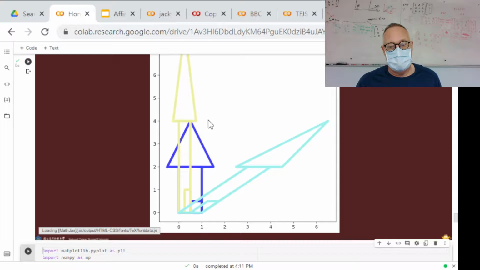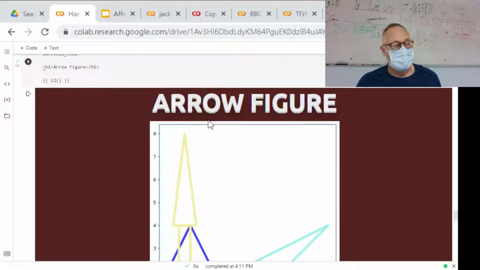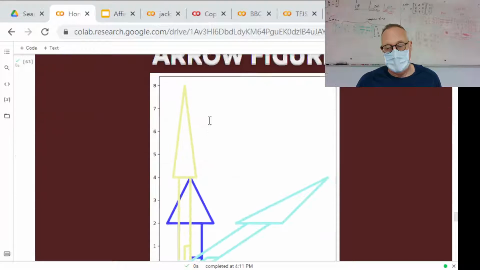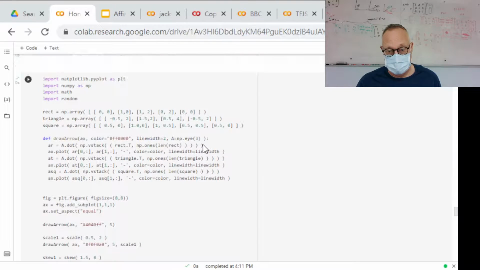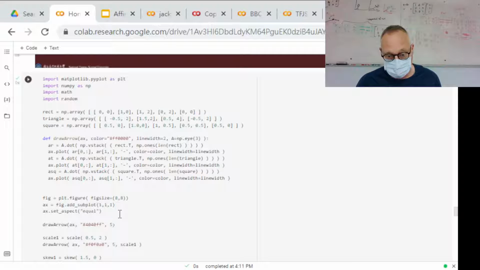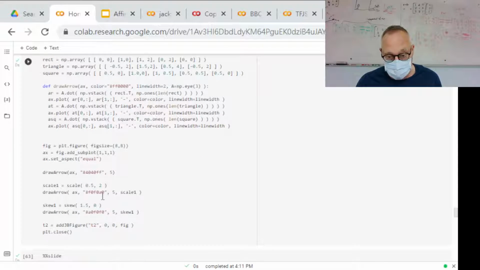So then I can muck around with my arrow figure. The blue is the original. Then I can scale it by 0.5 in x, which means the x dimension will be squashed and the y direction will be extended.